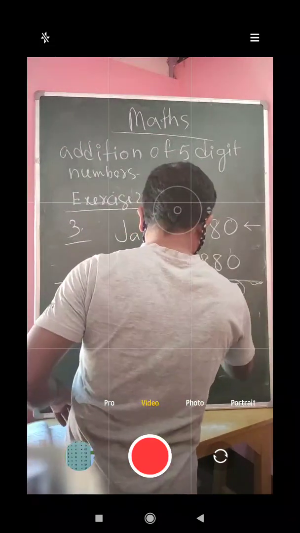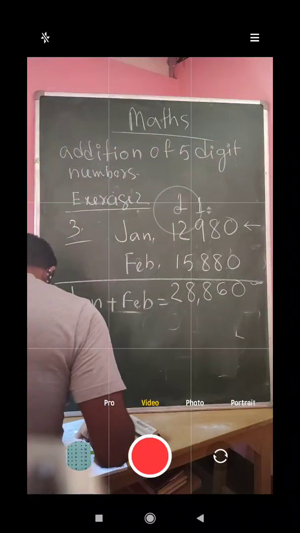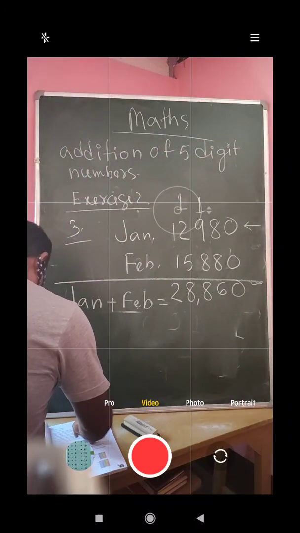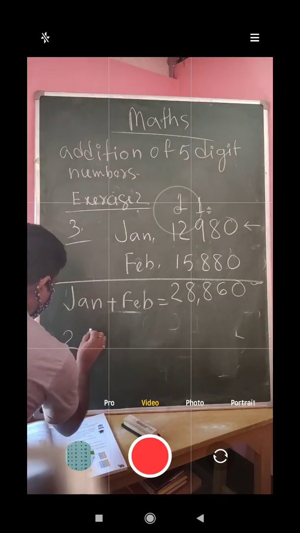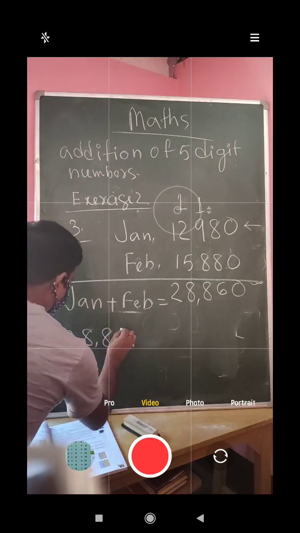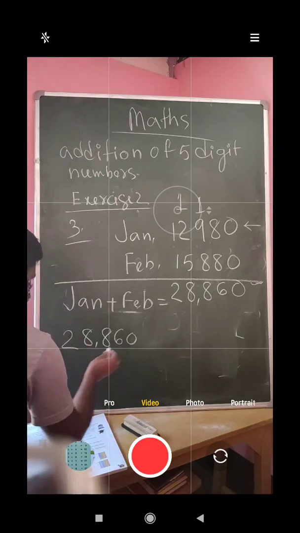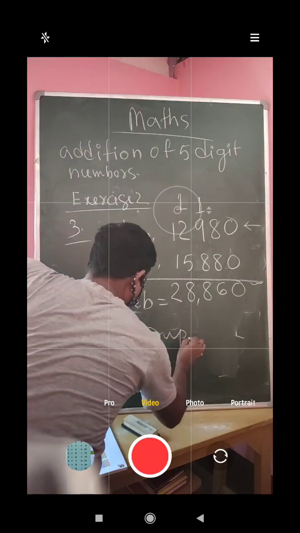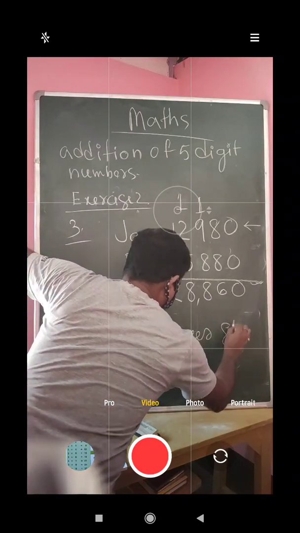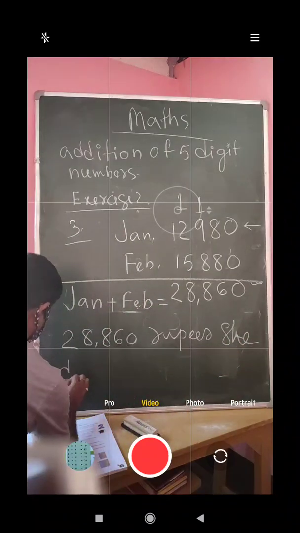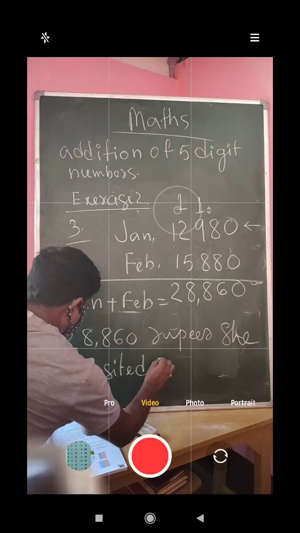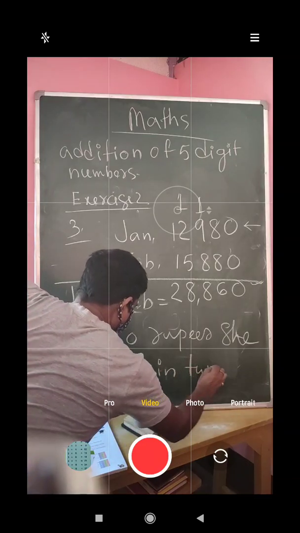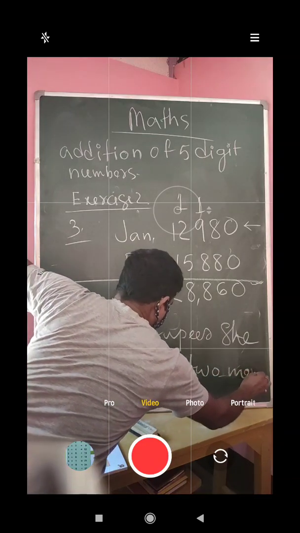Okay, 28860. So what we will write? How much money did she deposit in 2 months? So 28860 rupees she deposited in 2 months.